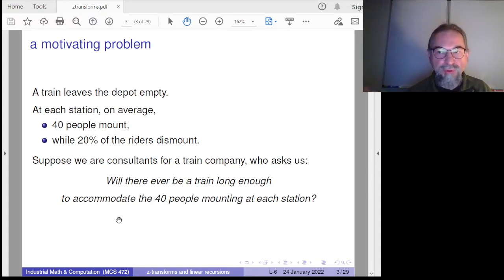So we had the problem with the overbooking strategy in an airline. You could also rephrase this: in every station, is it okay that there will be 40 tickets sold? Or if you have 40 people who expect to board the train, can you accommodate them?